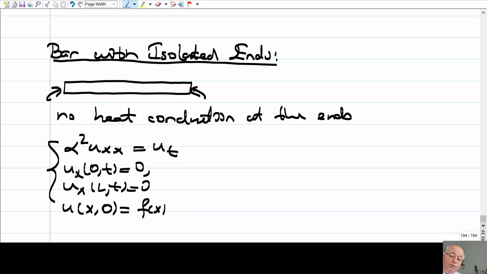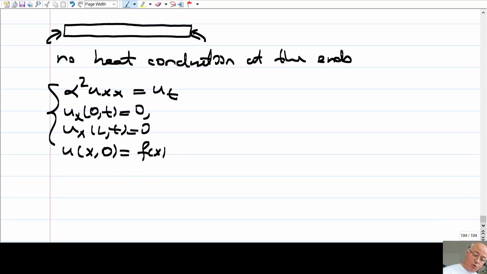So the difference between this problem and our original problem is that our boundary conditions are not in terms of u, but its x derivative. Okay. Well, let's see how can we solve this. We will see that the type of the solution changes drastically.